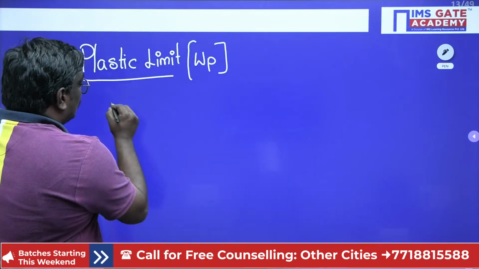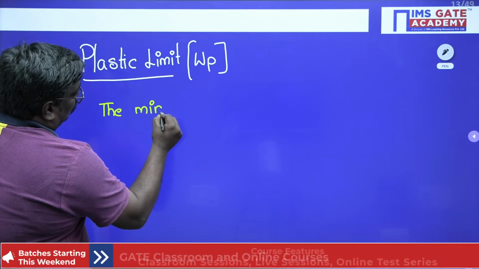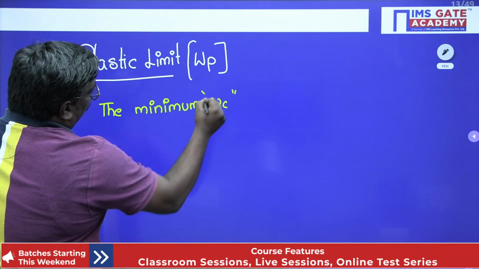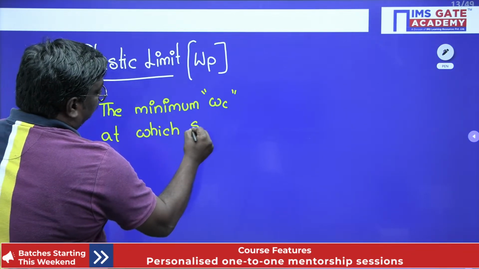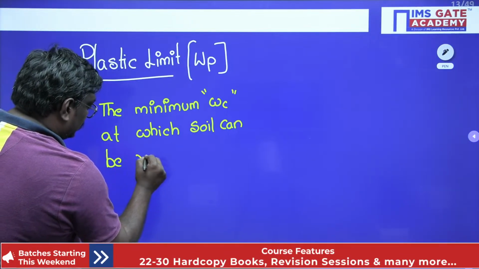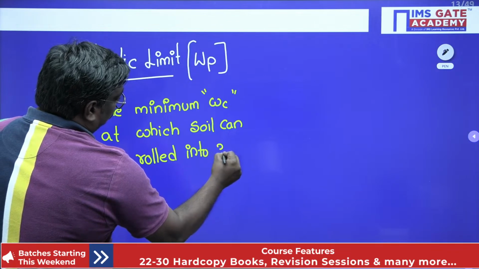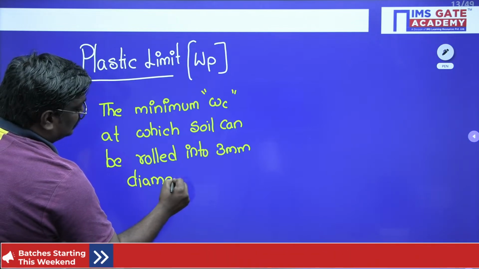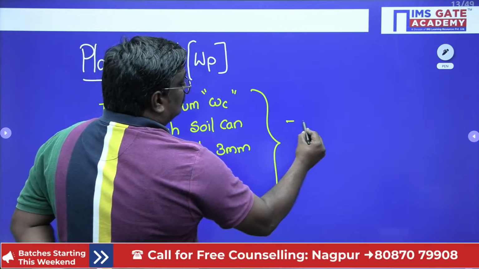So what is this? It is the minimum water content at which a soil can be rolled into 3 mm diameter, which is known as plastic limit, and the test is known as the thread test.